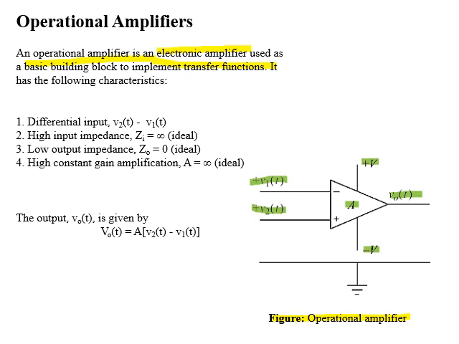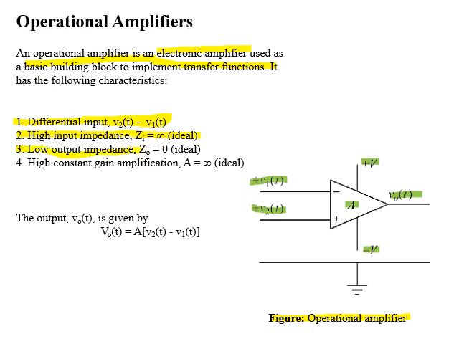Operational amplifier has a few characteristics. It has a differential input which is equal to V2 of t minus V1 of t. It has high input impedance, ideally equal to infinity.